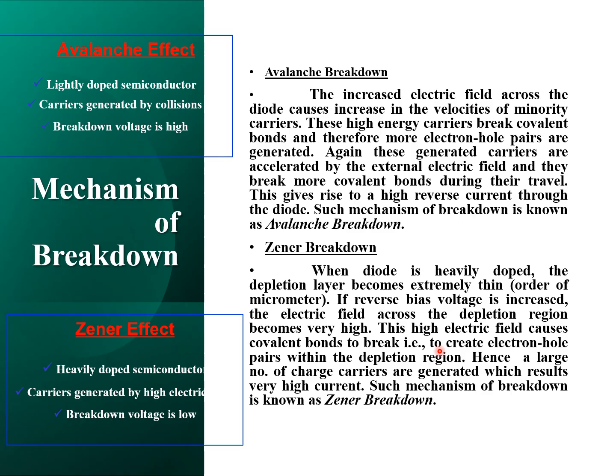Such a mechanism is called the Zener breakdown mechanism. In avalanche breakdown, in a lightly doped semiconductor, the high current is due to collisions. In Zener breakdown, in a heavily doped semiconductor, the carriers are generated by the high electric field and the breakdown voltage is low. Here, in avalanche, the breakdown voltage is high.